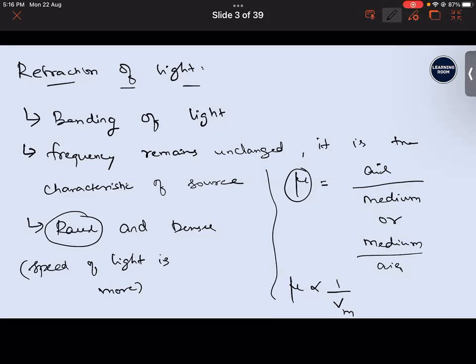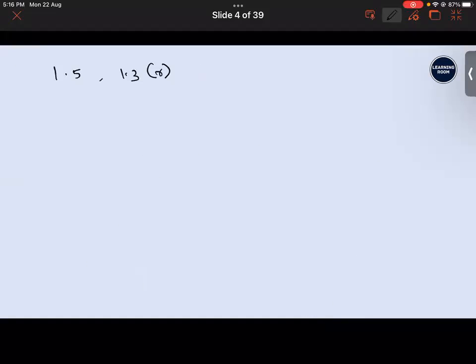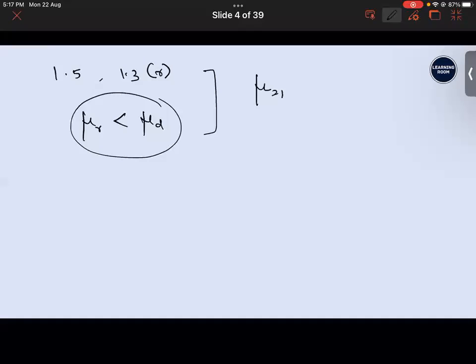Okay. Now see, refractive index is inversely proportional to speed of light in medium. So refractive index of rarer medium will be less than the refractive index of the denser medium, right? Then based on these two concepts, we saw, okay, now I defined only absolute refractive index. What about relative refractive index? So if I have mu and I put it as 2, 1, what is the meaning of this?